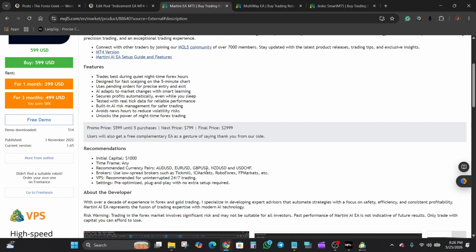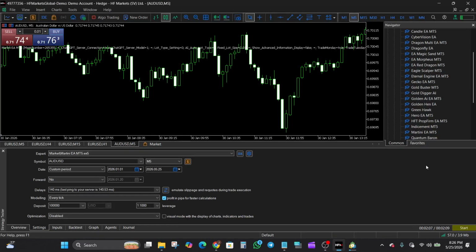And maybe you can find out the one that has the best result. But remember that past performance does not guarantee future results, because performance can vary depending on the spread, the execution speed, lot size, and overall market condition.